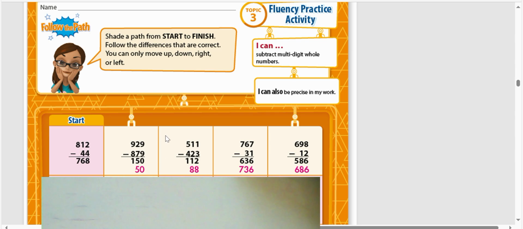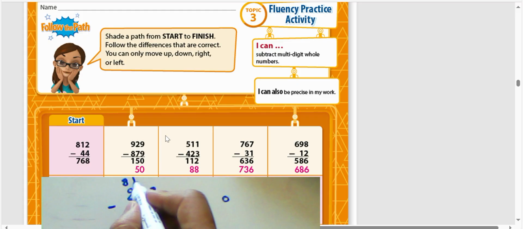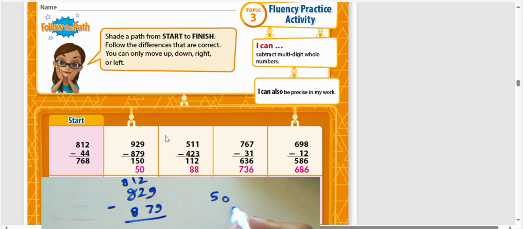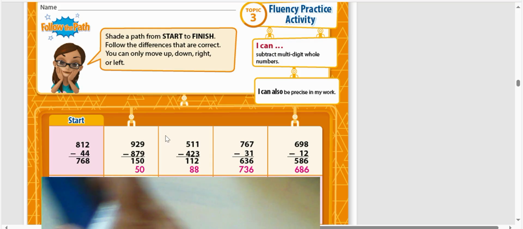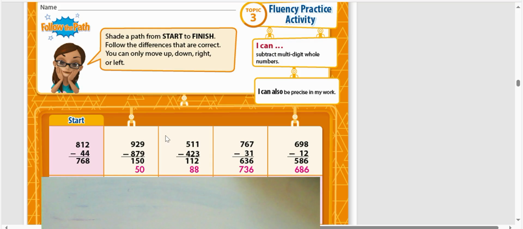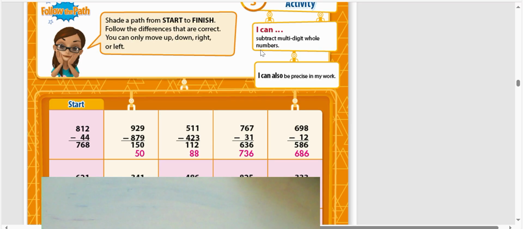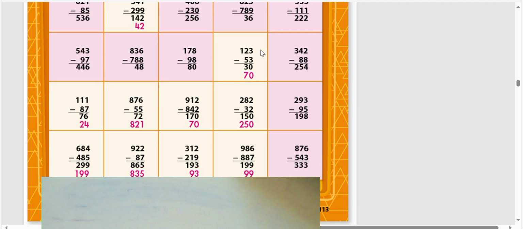This number is wrong because we must regroup 1 like this. 929 minus 879: 9 minus 9 equals 0. 2 minus 7, we can't do it, so we regroup 1. 12 minus 7 equals 5, and 8 minus 8 is 0. The difference will be 50, not 150. You can check your answer about this practice to find the result.